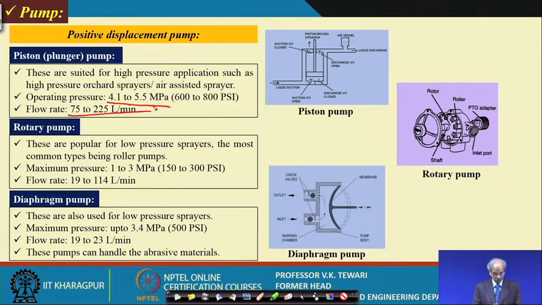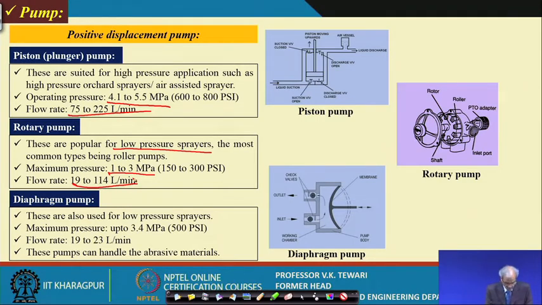Now, plunger pumps are for high pressure applications, as I said earlier. Then rotary pumps are slightly lower pressure ones; the maximum pressure goes between 1 to 3 megapascal and the flow rate is 19 to 114 liters per minute. These are the information we have from the available literature and from the experience we have observed in testing various types of sprayers.